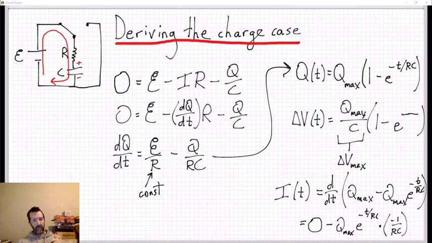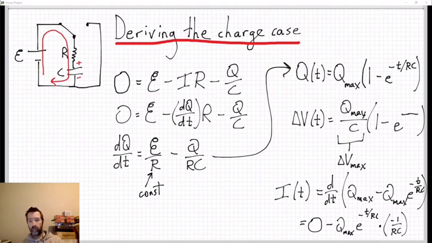Q max over C is equal to the EMF of the battery, because if the capacitor is at its maximum charge Q, that means I know that there's no current flowing, and that means the potential difference of the capacitor must equal the potential difference of the battery.